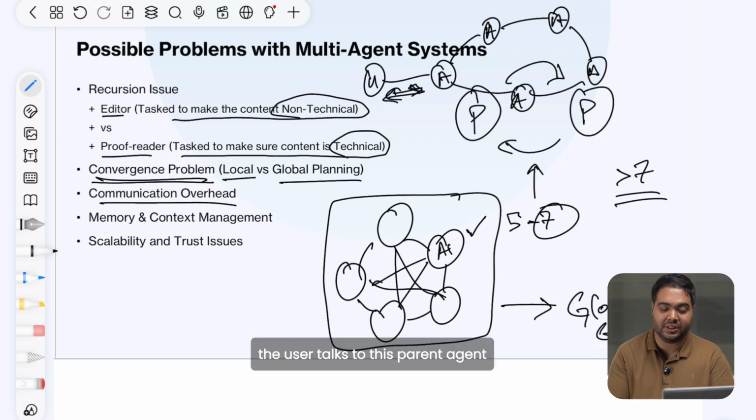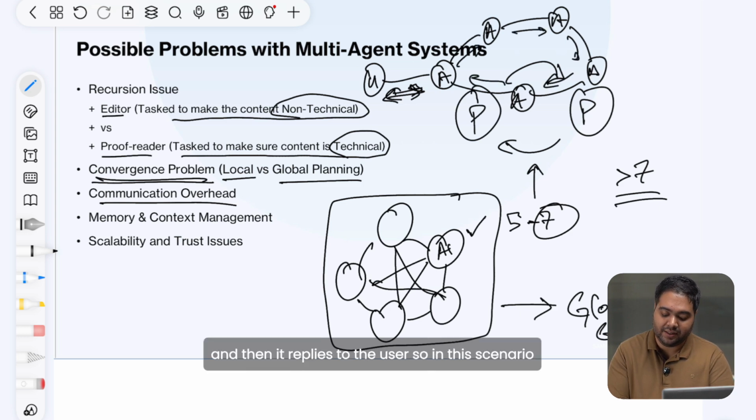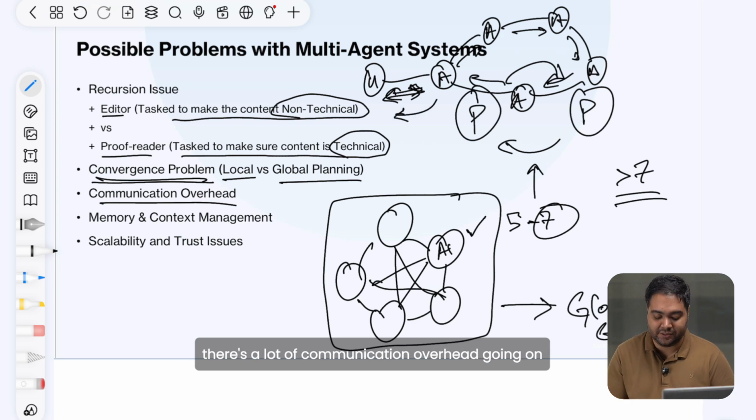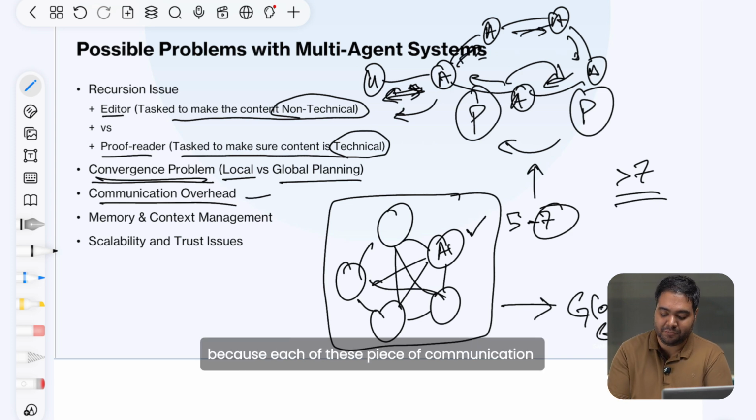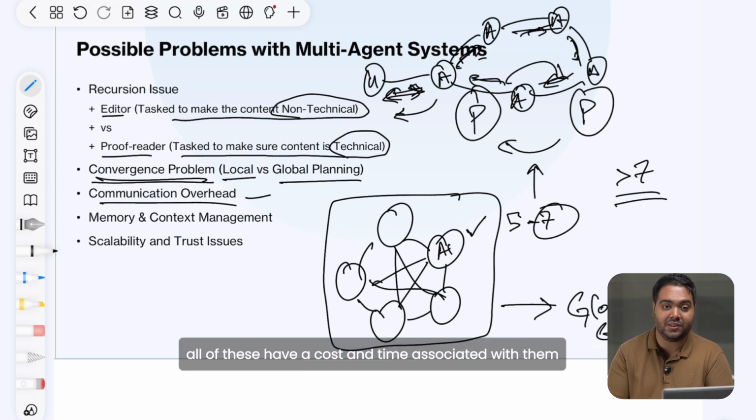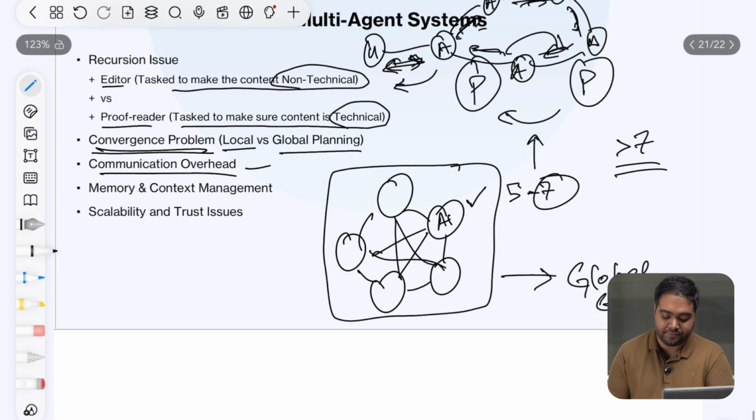The user talks to this parent agent, it talks to this agent, then this agent, then this agent, and then it replies to the user. So in this scenario, there's a lot of communication overhead going on, and this also incurs cost because each of these pieces of communication has a certain number of tokens that are being processed by these individual LLMs, and again, all of these have a cost and time associated with them.